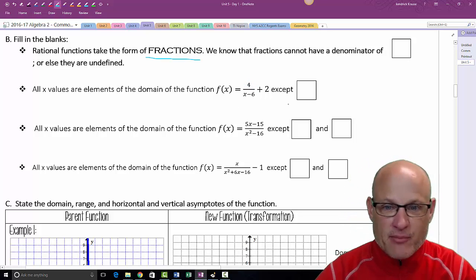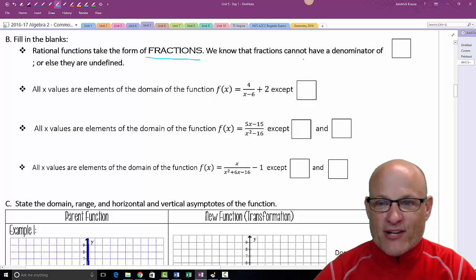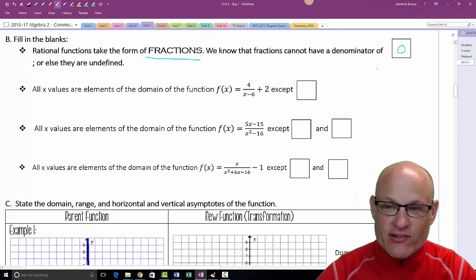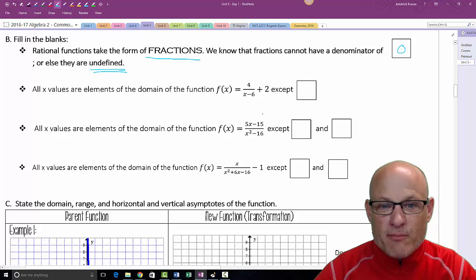We know that fractions cannot have a 0 in the denominator. Otherwise, it is undefined. So, what would make this undefined? Oh, 6. Right, positive 6 would make that undefined.